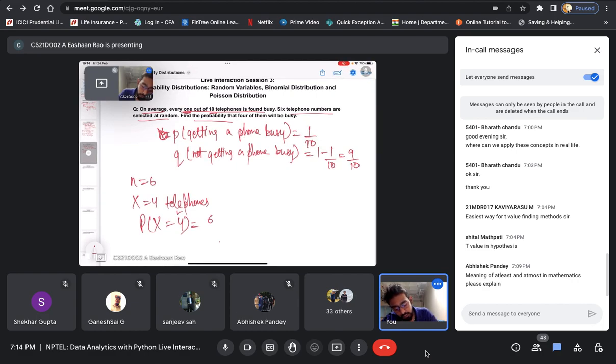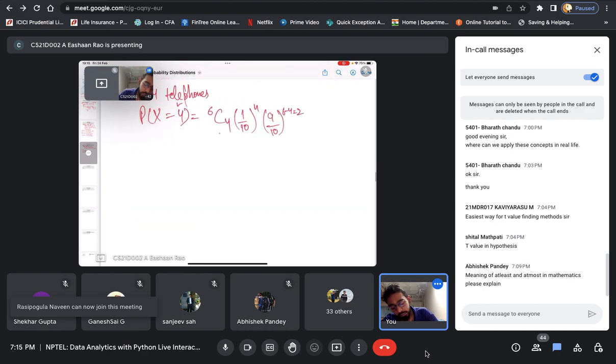So out of the 6 telephone numbers that I have extracted, I am expecting 4 to be busy. In that, the success rate will be 1 by 10 raised to 4, and the failure rate will be 9 by 10 raised to 6 minus 4, which is 2. If you try to solve this number, you will get some value like 0.001215, something like that.